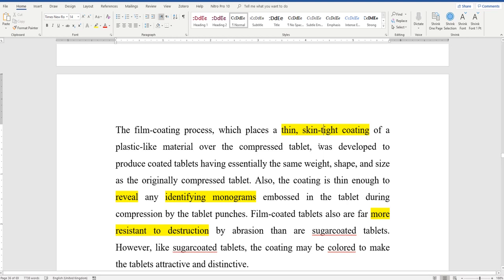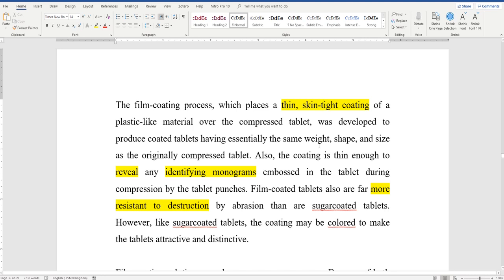Okay, now because it's thin, the film coating is thin, if you have any identifying monograms or scores, if you remember the scores, the grooving, the grooves or the scores in order to help you break the tablets, يعني if you have that and you apply thin coating, still these grooving and crevices will be visible and they will be revealed to you after the film coating.